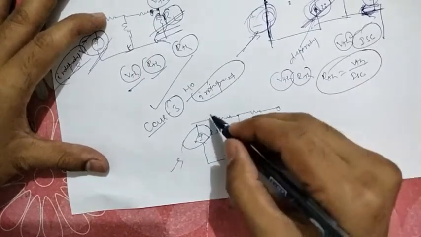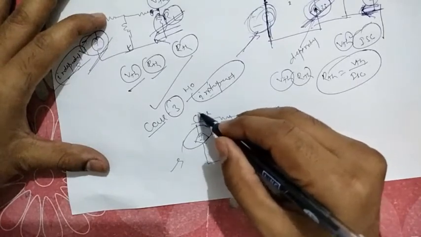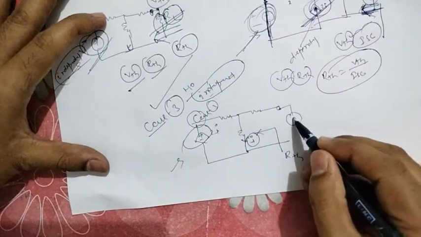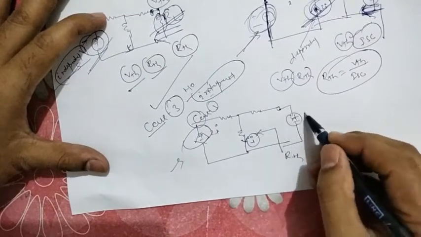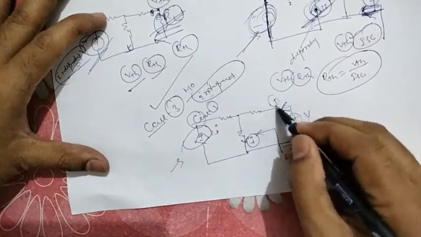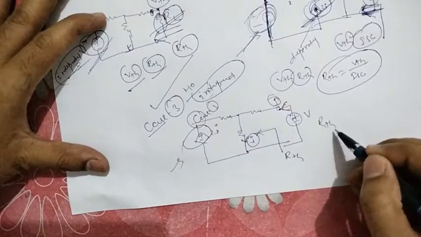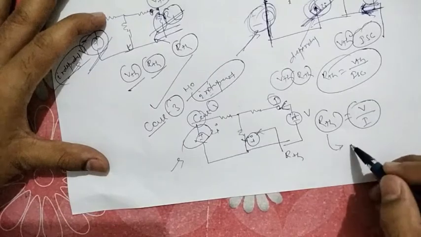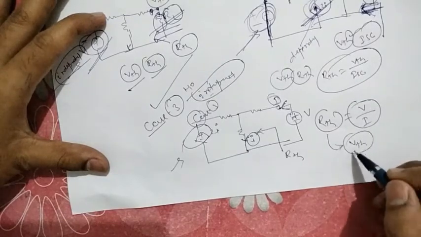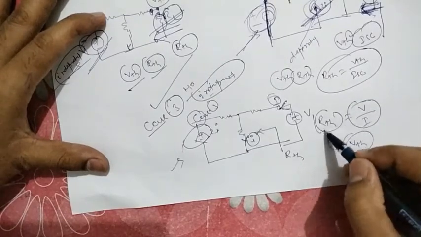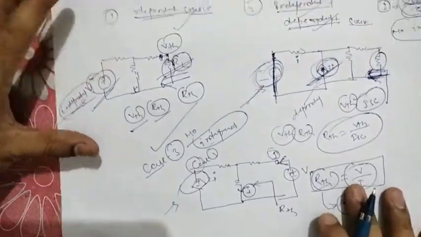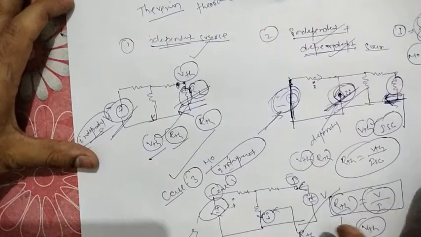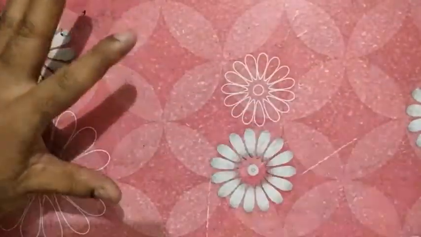So this is called case 3. Here how do we calculate the Thevenin's theorem? Just by applying external voltage V and calculating I. Here only RThevenin is calculated, by V by I. Here we cannot calculate the VThevenin directly, we can calculate the RThevenin of this circuit. So we are going to see all three kinds of cases and study further.